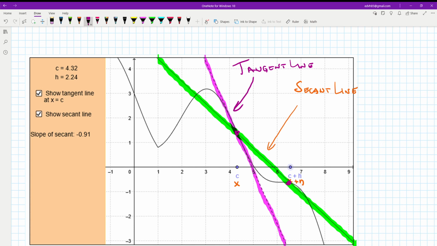All right. Well, the idea is that I would like to drag this point right here closer and closer so that the secant becomes tangent. That is, I would like to reduce this distance x plus h and eventually have this h equal to 0.